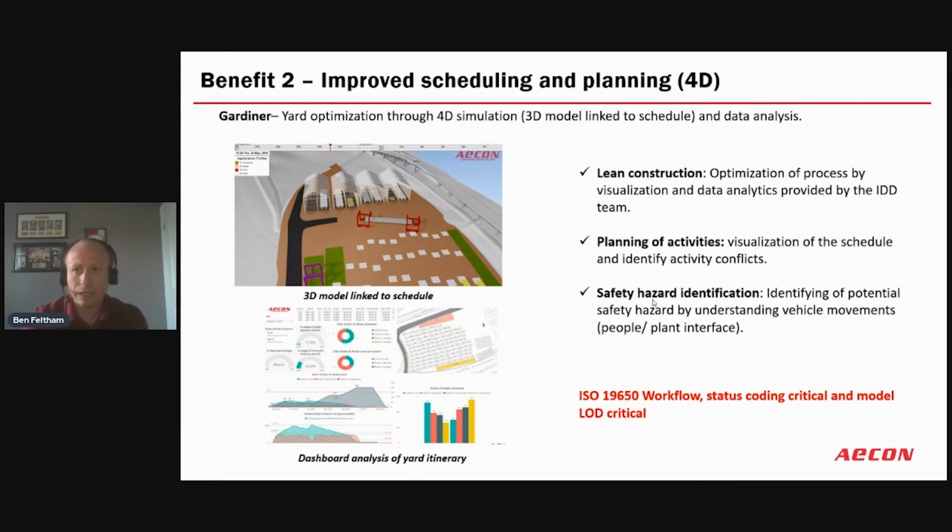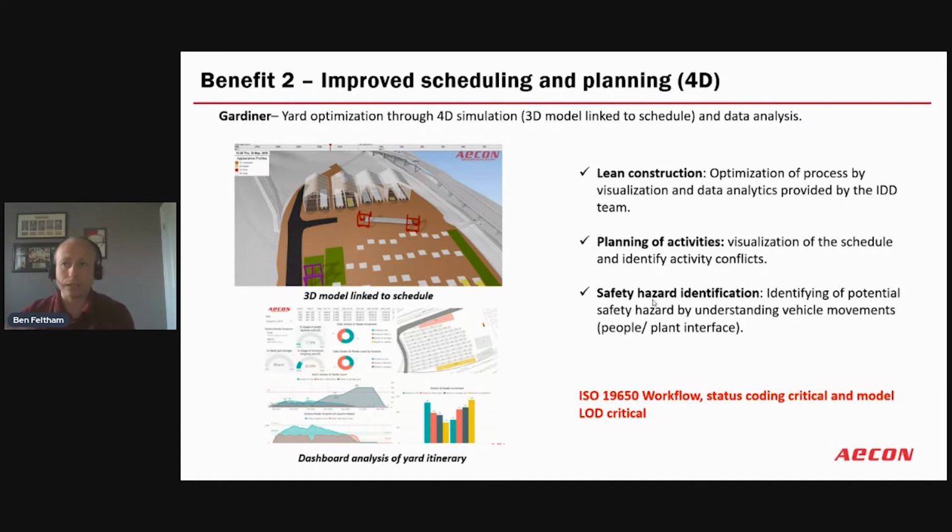And again, having the coding aligned to the schedule, critical, and actually defining the level of development that we modeled to. So we took this to about 350, 400 level of development, and that really helped drive what was seen against the schedule and what could be seen against each of the activities, so we could identify that.